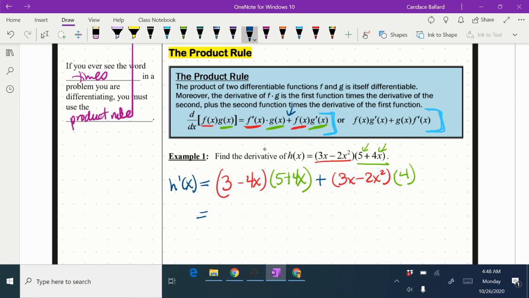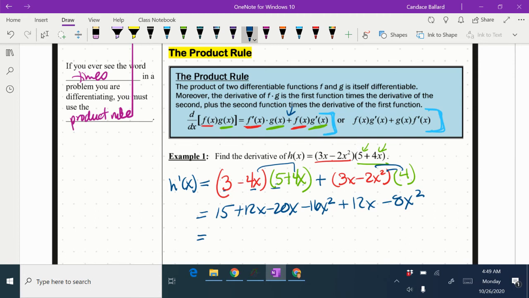In this first term, I'm going to FOIL. So I've got 3 times 5 is 15. 3 times 4x would be 12x. Negative 4x times 5 would be negative 20x, and negative 4x times 4x is negative 16x squared. I'm going to distribute the 4, which would give me 12x minus 8x squared.